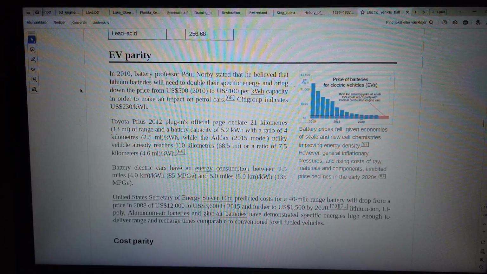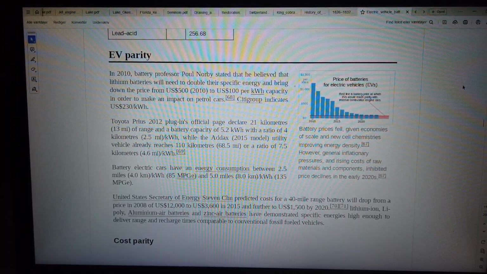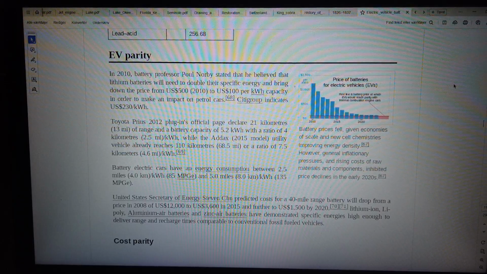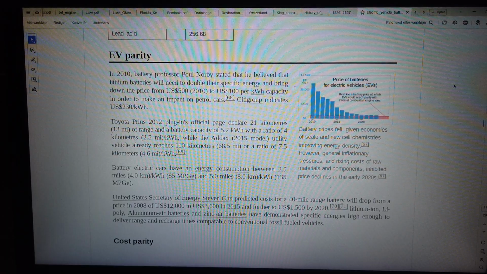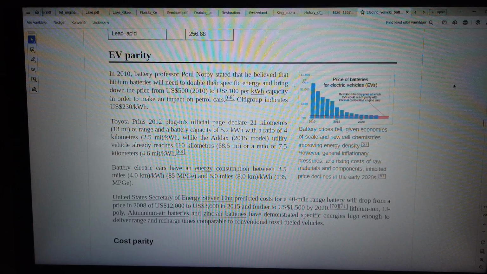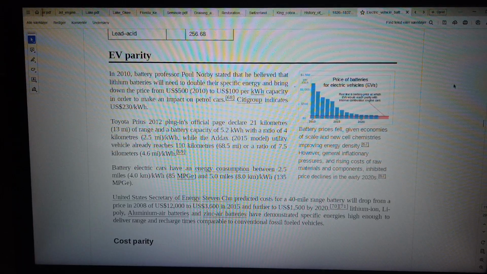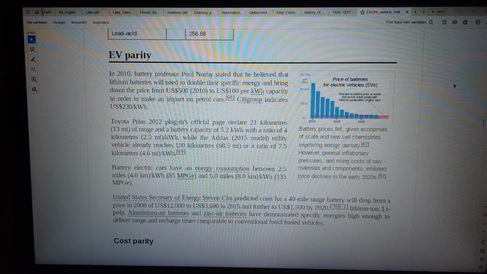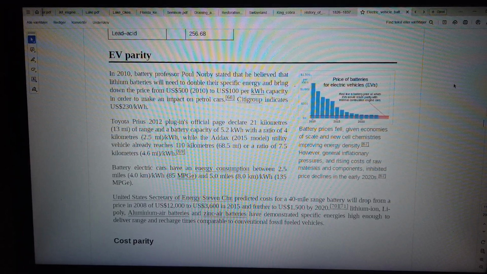$230/kWh. The Toyota Prius 2012 plug-in's official page declares 21 kilometers, 13 mi, of range and a battery capacity of 5.2 kilowatt-hour, with a ratio of 4 kilometers, 2.5 mi, per kilowatt-hour, while the ADAX 2015 model utility vehicle already reaches 110 kilometers, 68.5 mi, or a ratio of 7.5 kilometers, 4.6 mi, per kilowatt-hour. 69.